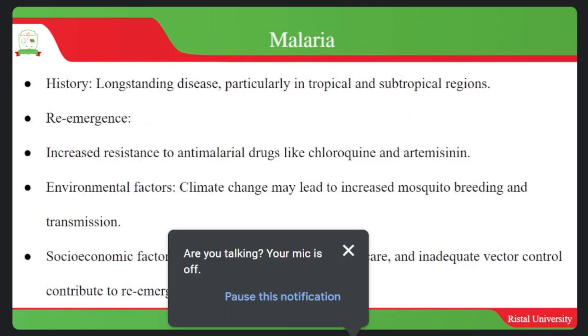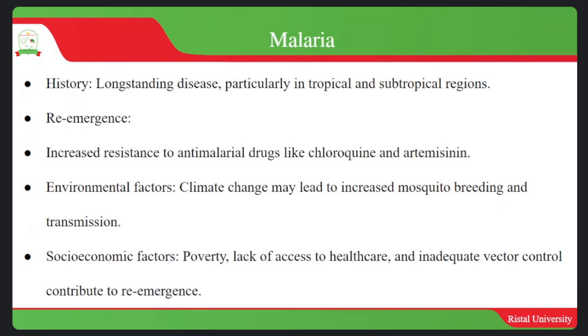So let's look at malaria. Malaria has been known in history as a long-standing disease, particularly in tropical and subtropical regions. So re-emergence occurs due to increased resistance to antimalarial drugs like chloroquine and quinine.